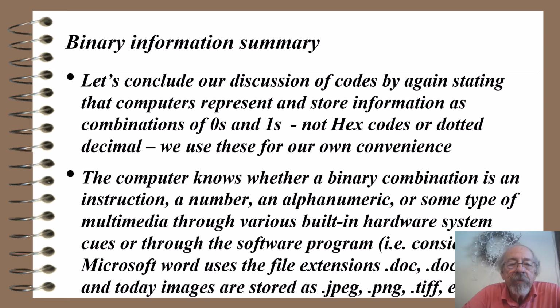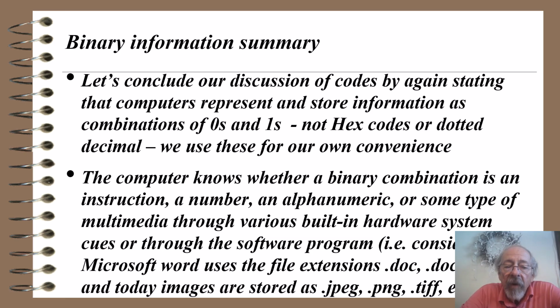So let's summarize binary information. Let's conclude our discussion of codes by again stating that computers represent and store information as combinations of zeros and ones, not hex codes or dotted decimal. We use these for our own convenience. The computer knows whether a binary combination is an instruction, a number, an alphanumeric, or some type of multimedia through various built-in hardware system cues or through the software program.